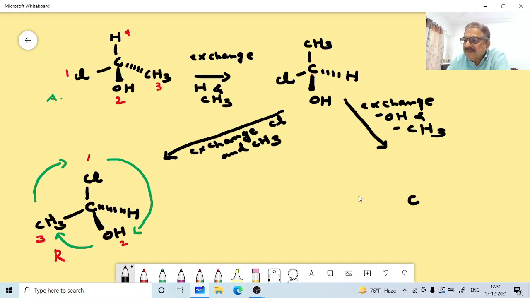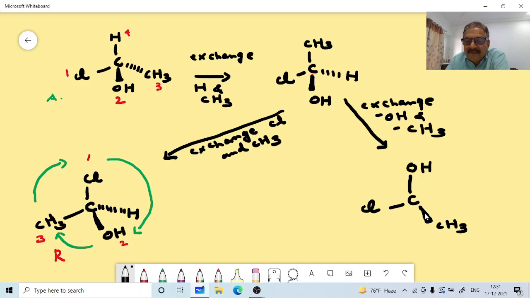So C, OH will go in the plane, then chlorine, correct? OH and methyl, OH will go up, then methyl will be on the wedge here. Then hydrogen, of course. Like this we will be getting here.